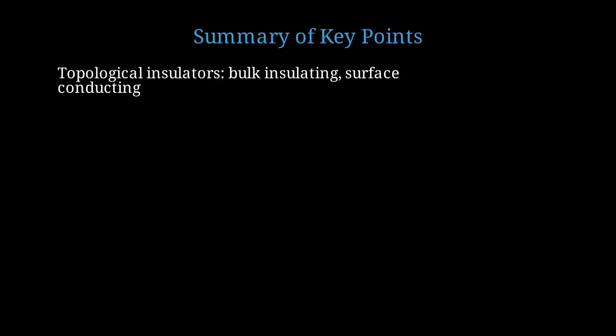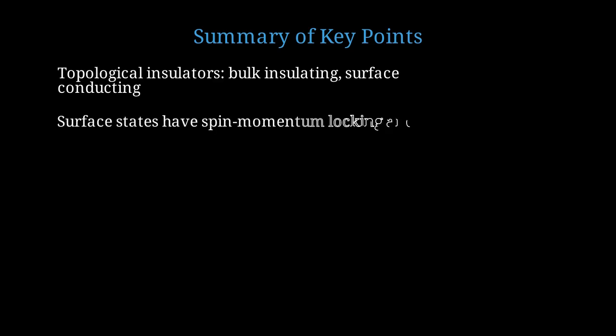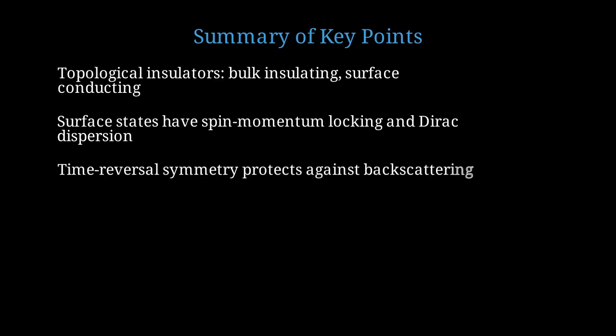Topological insulators have an insulating bulk and conducting surface states. This is guaranteed by the non-trivial Z2 topology of the bulk band structure. Surface states exhibit spin momentum locking and linear Dirac dispersion. They behave like massless relativistic fermions. Time reversal symmetry protects these states against non-magnetic disorder. Backscattering is topologically forbidden, leading to robust transport.